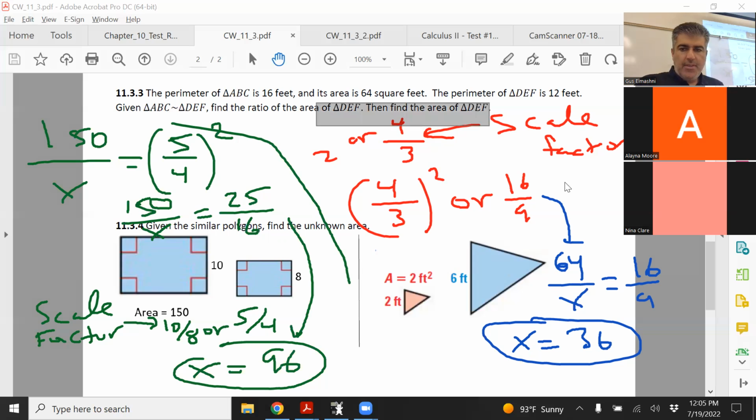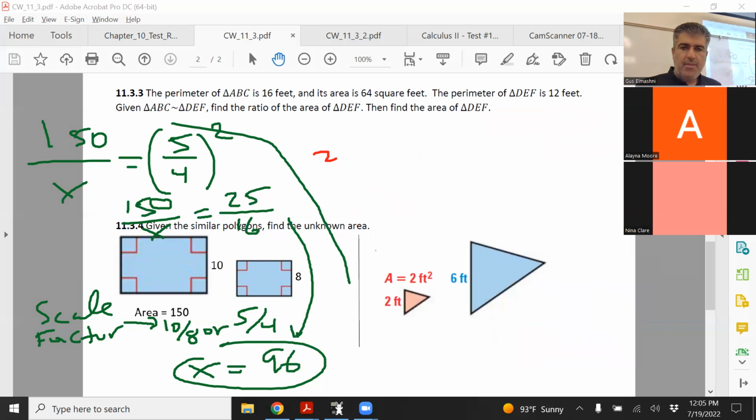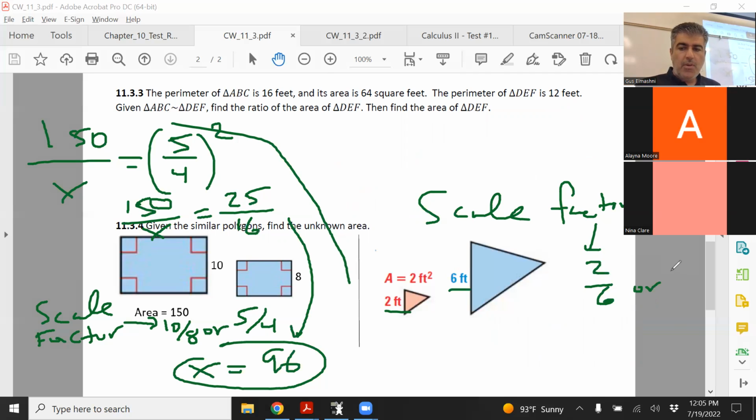So let's try this again. Scale factor here. So now, with the repetition, hopefully you understand what scale factor is, just the ratio of the sides. 2 to 6 or 1/3. But since you're dealing with area, you're going to say area of the first triangle, which I know is 2.